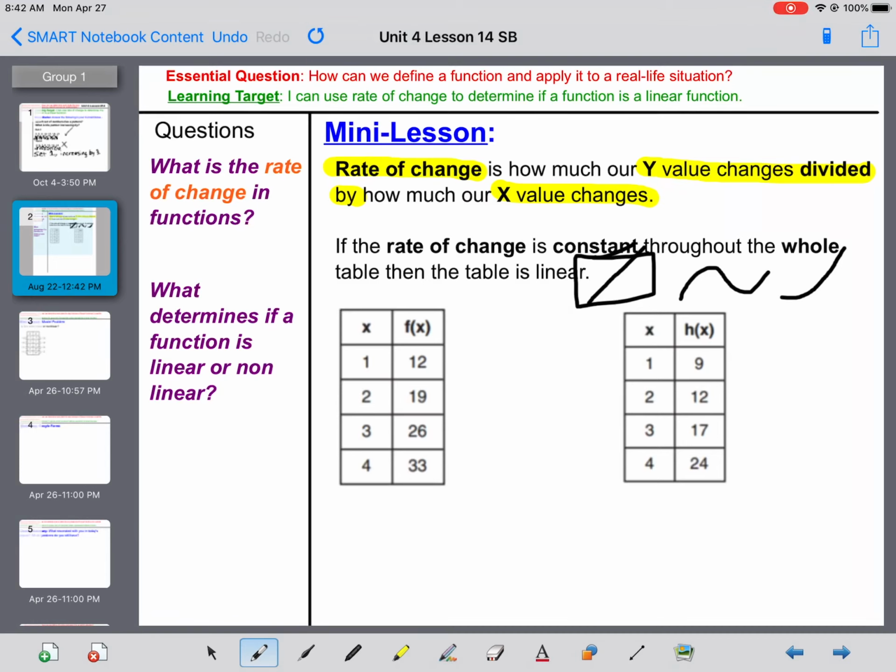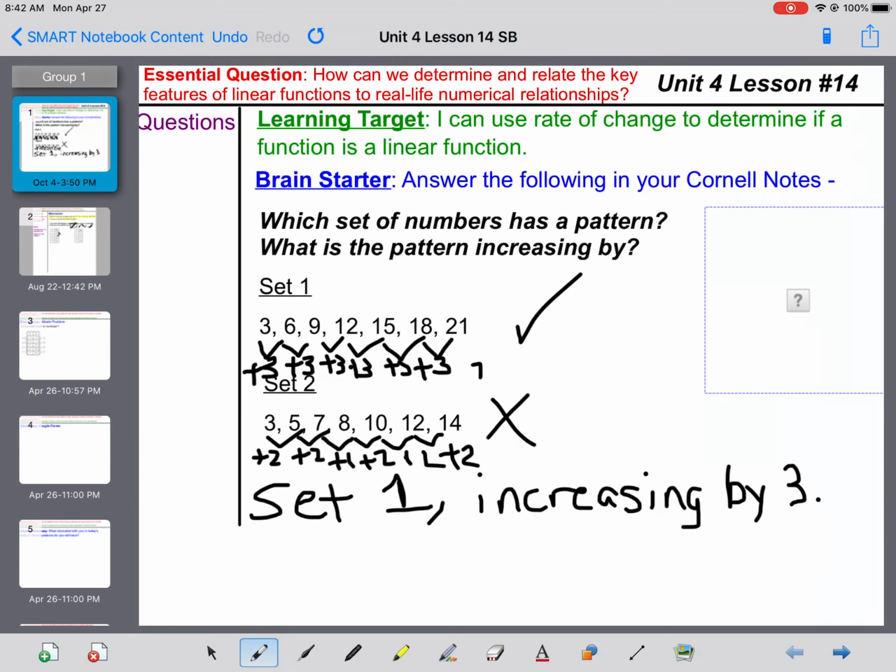Alright, so let's take a look at these tables, okay? We said that the rate of change is how much our y value changes divided by how much our x value changes. Okay, so going from our first number to the second number, we notice that from 12 to 19, we have to add 7.